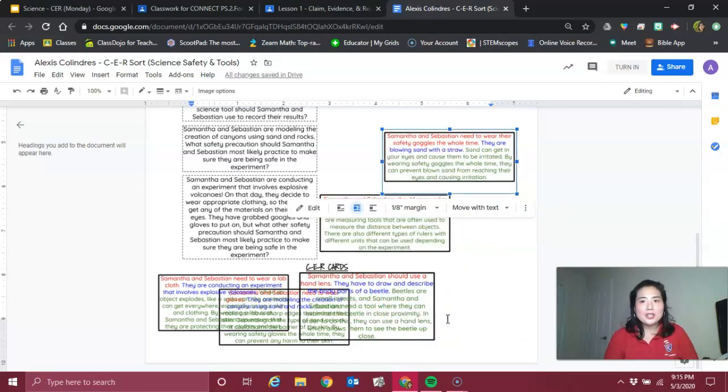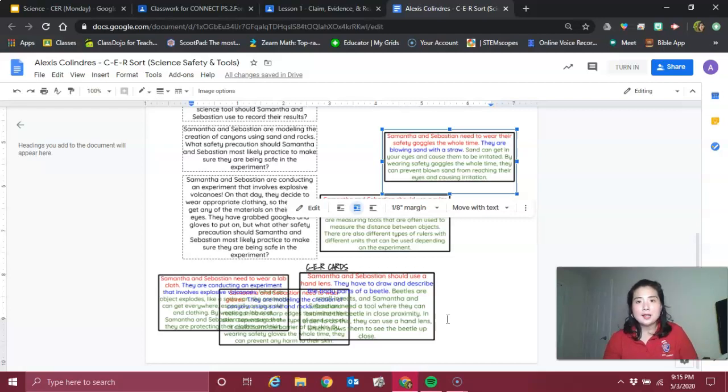Samantha and Sebastian need to wear their safety goggles the whole time. Well, that could be the answer because safety goggles are things you put on your eye, so maybe it would help them see the beetle. So let me just read a little more to make sure that's the answer. All right, let me read the evidence.